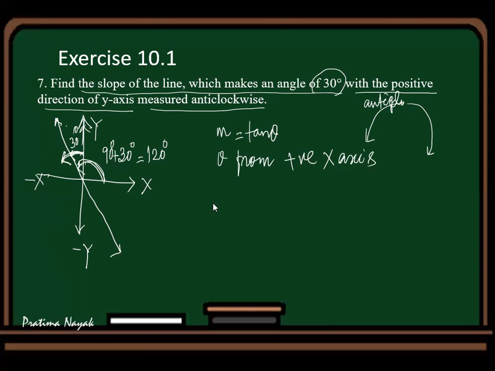So theta is equal to how much? Theta is equal to 90 plus 30, that will be 120 degree, or m is equal to tan 120, that will be minus tan 60 degree, that will be minus root 3.